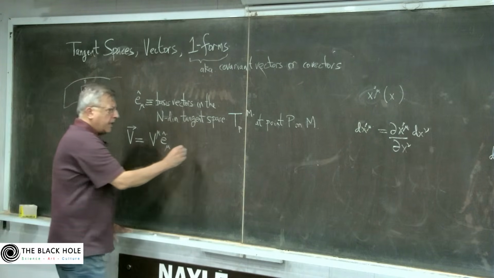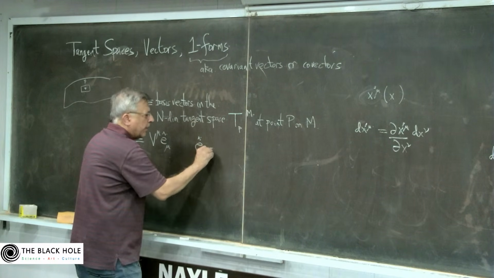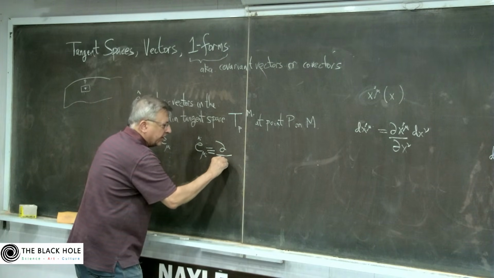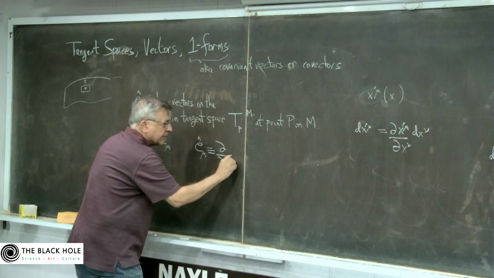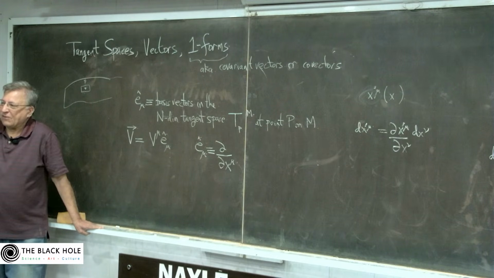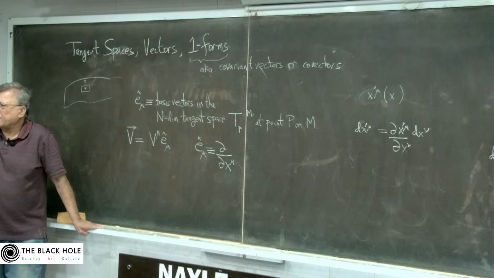And in modern differential geometry, we take this as the definition of the basis vector, E mu. Now you'll say, I'm putting a differential operator over there.